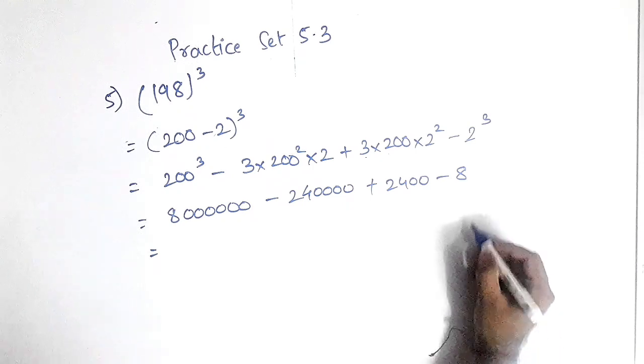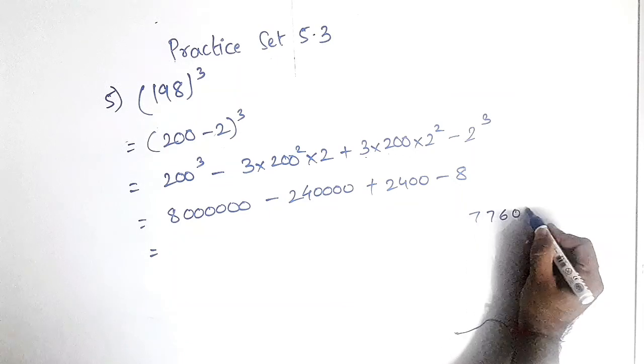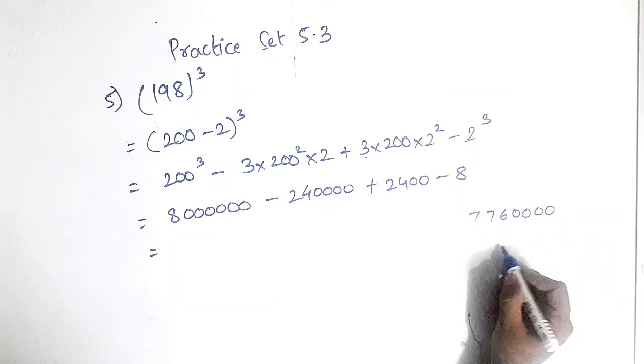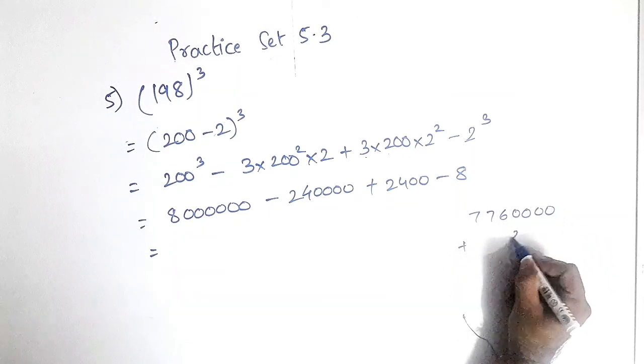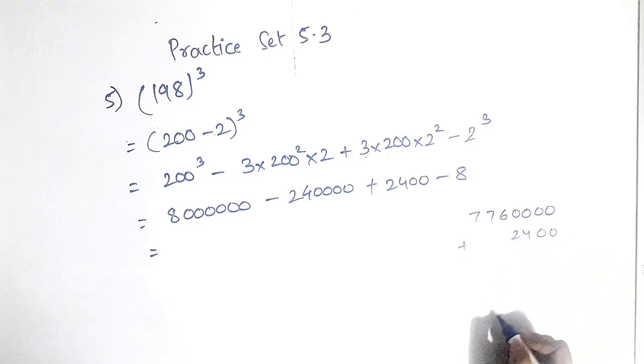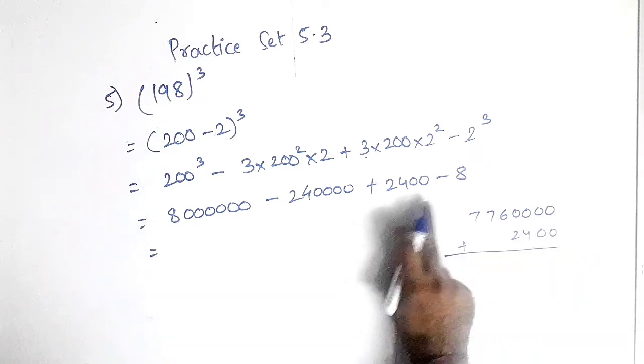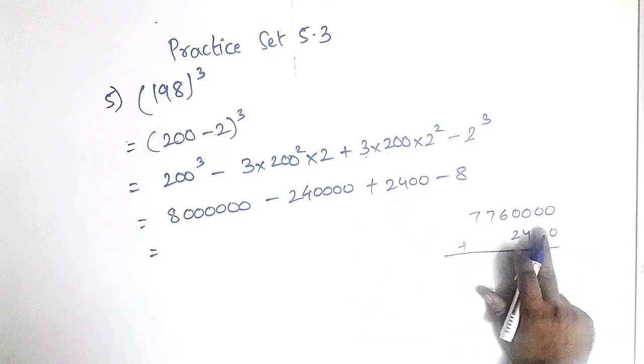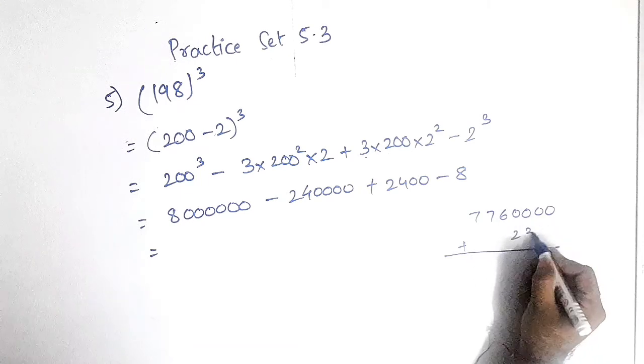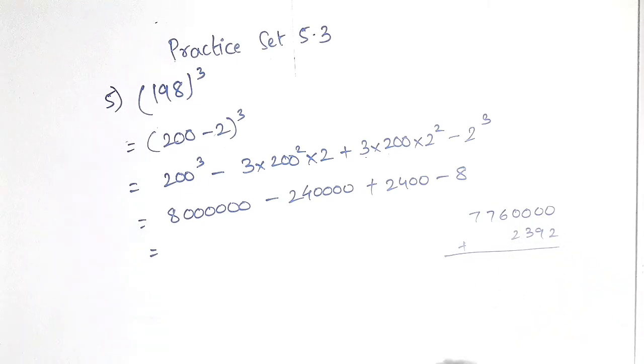Now 77 lakh 60,000 plus 2400. Okay, now minus 8 I am doing here. 2400 minus 8 is 2392, correct? So I'll be adding only 2392. 2400 minus 8 I have done.